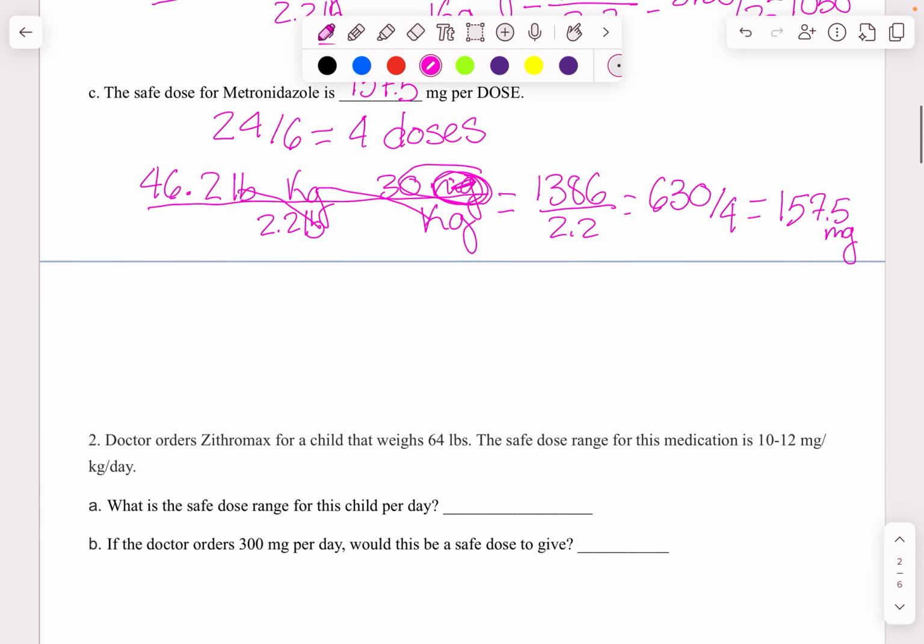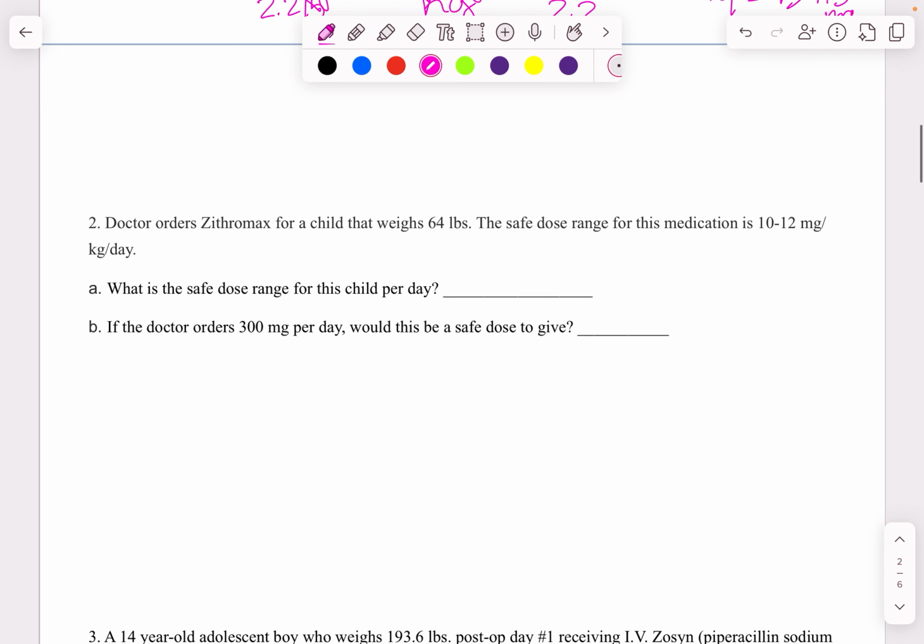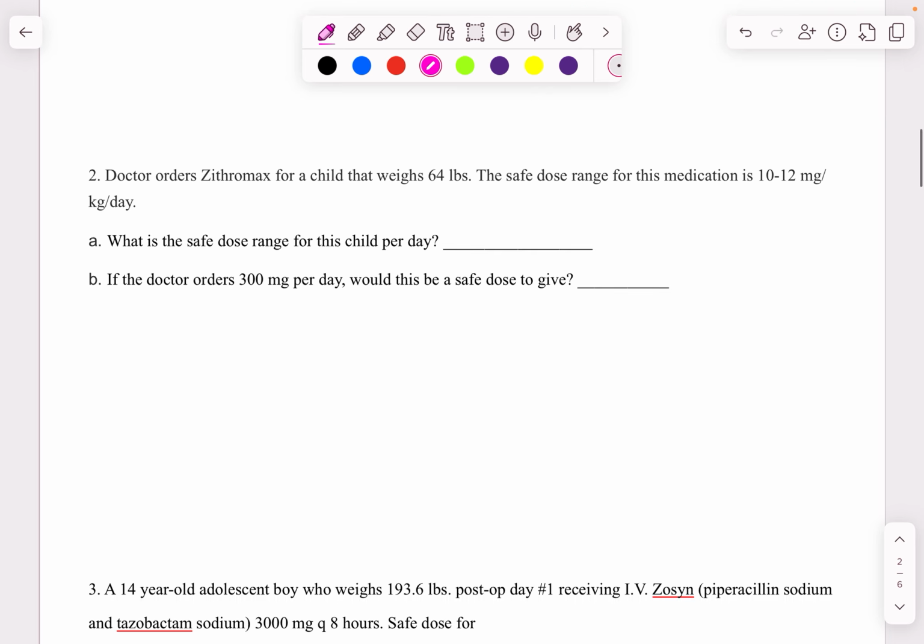Okay. So moving on to problem 2. Doctor orders Zithromax for a child that weighs 64 pounds. The safe dosage range for this medication is 10 to 12 milligrams per kilogram per day. Okay, so this is actually a little bit easier because we're not doing it per dose. Okay, so starting with the weight, 64 pounds, 2.2 pounds per kilogram.